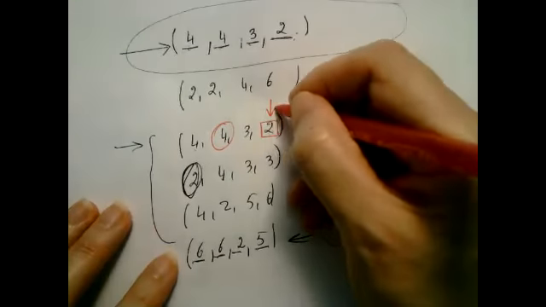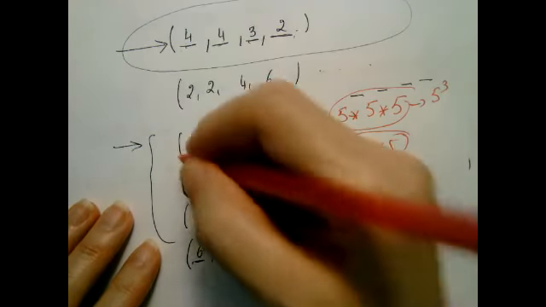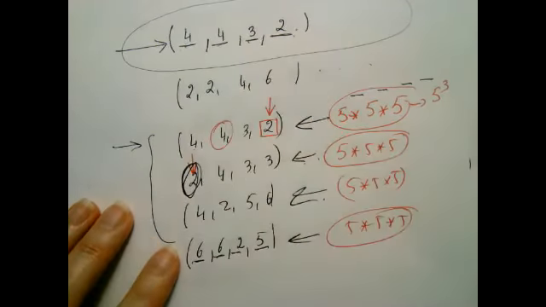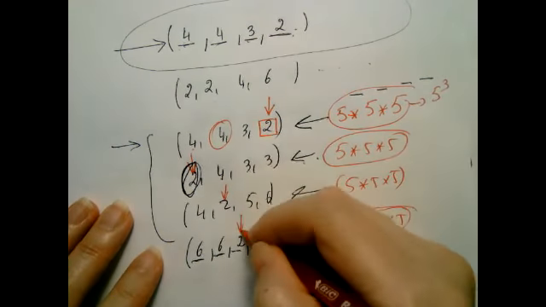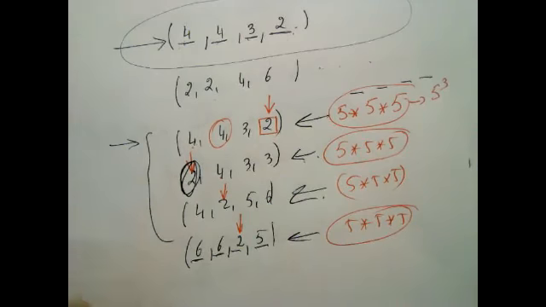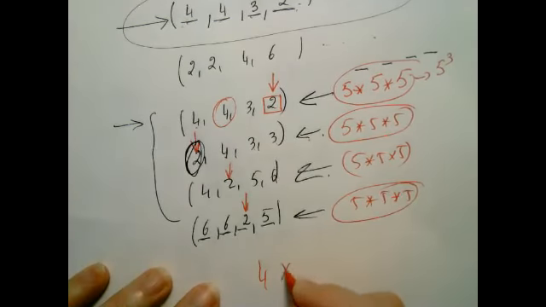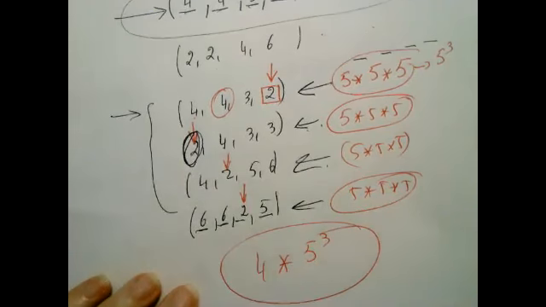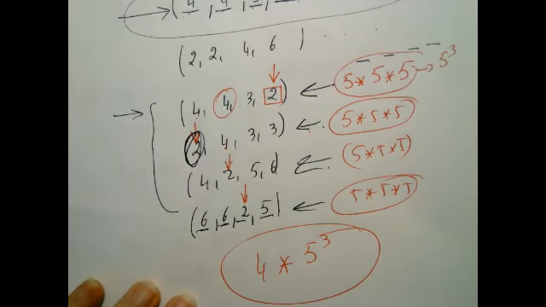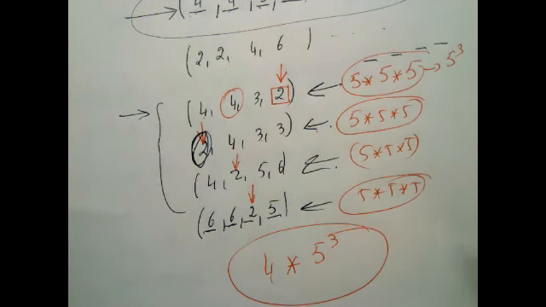Those where the 2 was rolled last, the 2 rolled second, and here the 2 rolled at that stage. So what we're going to have is 4 times 5 to the power 3. Okay. That's the total number. And exactly 1 two is absolutely important here, because if I want more than one 2, it's the next question.